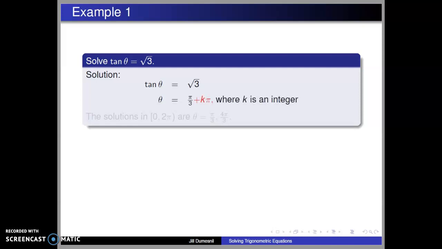In fact, all solutions are given by theta equals pi over 3 plus integer multiples of pi. The solutions in the interval from 0 to 2 pi are therefore theta equals pi over 3 and 4 pi over 3.